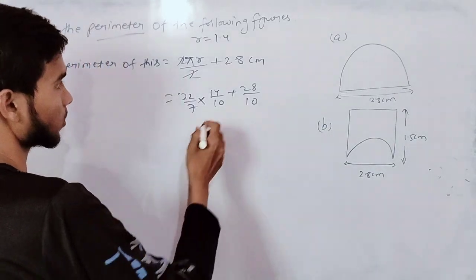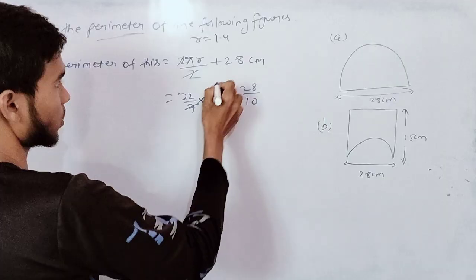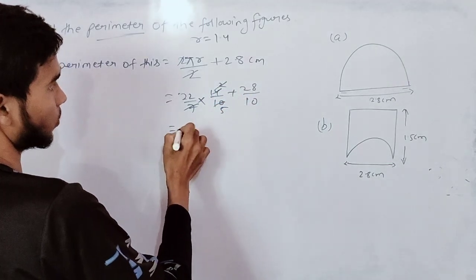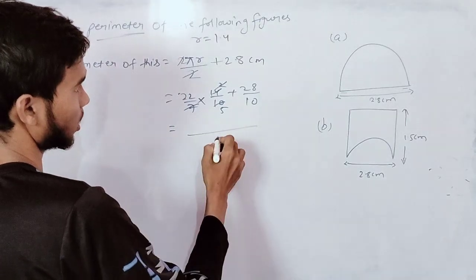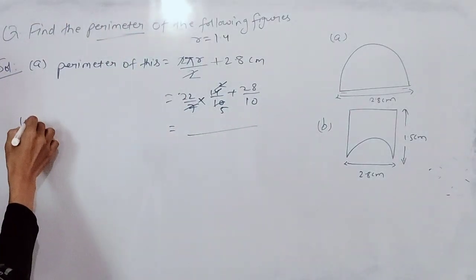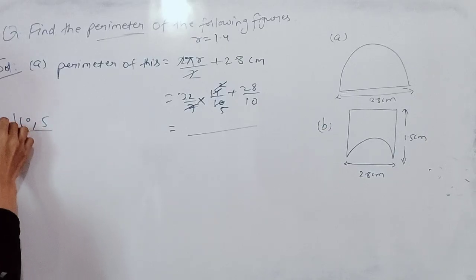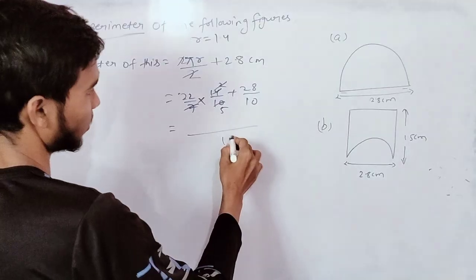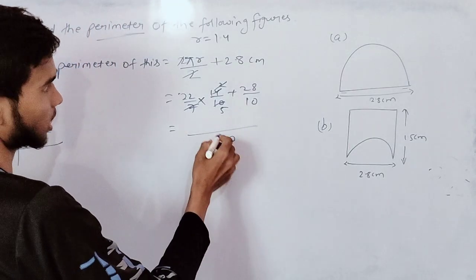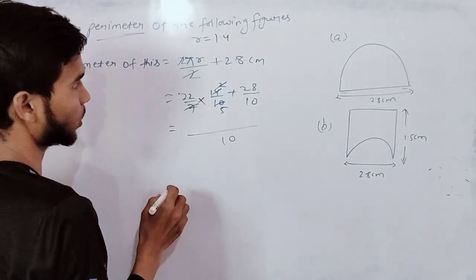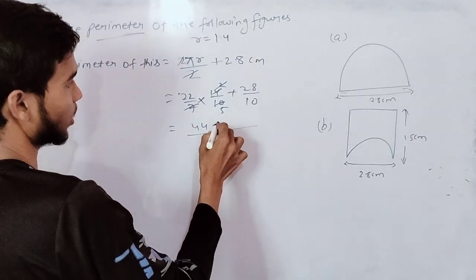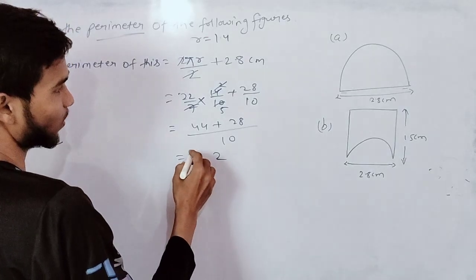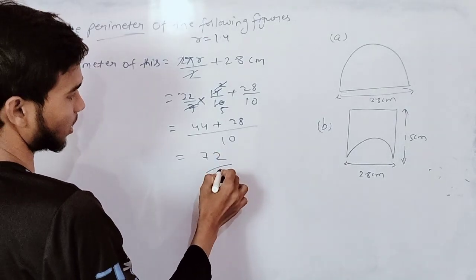We can cut 7 2s and 2 5s. We have 44 upon 10 plus 28 upon 10. LCM of these is 10. 5 2s are 10, then 22 2s are 44, plus 28, so 72 upon 10.